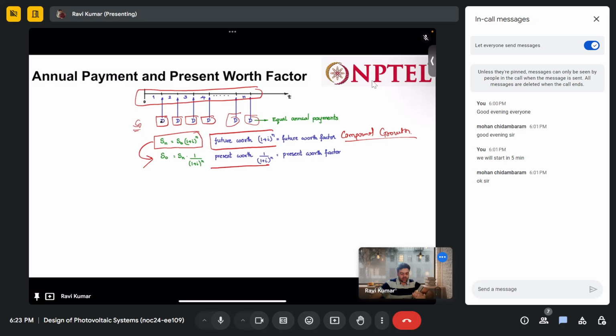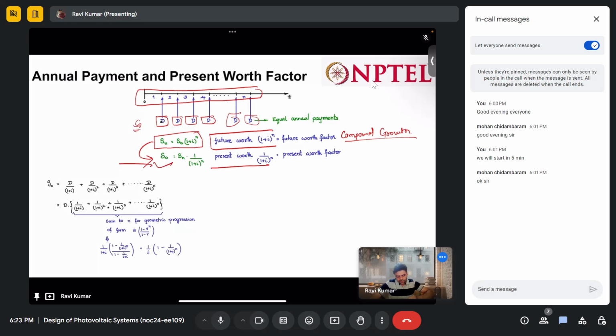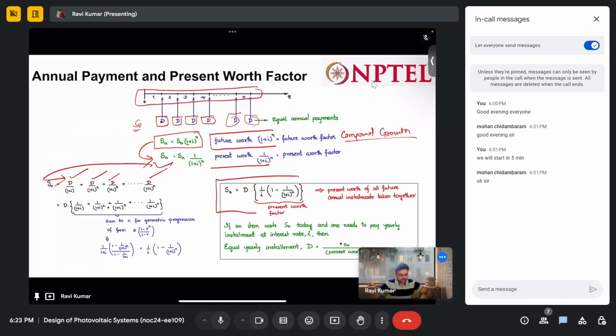Okay, we are calculating something else. If we do this using this formula, we put it here because we are doing it equally. So 1 year, 2 years, 3 years, 4 years, and we can get this formula finally. This particular thing tells us the present worth of all your future annual installments taken together.